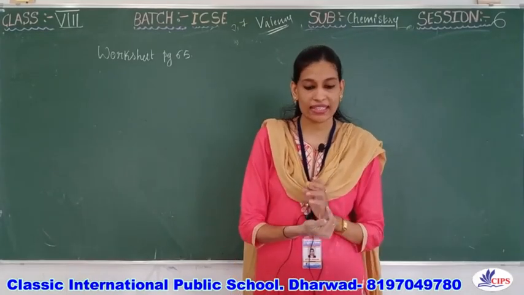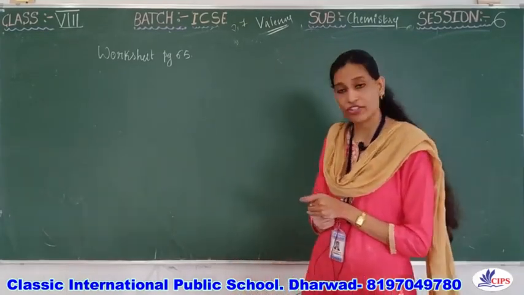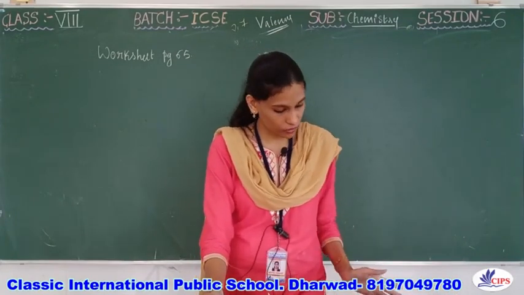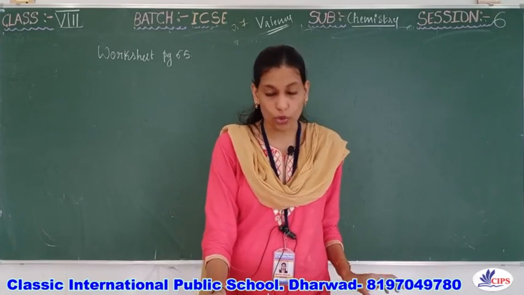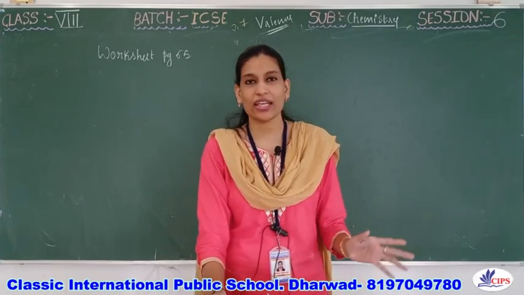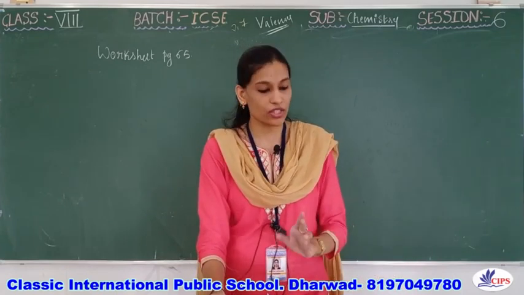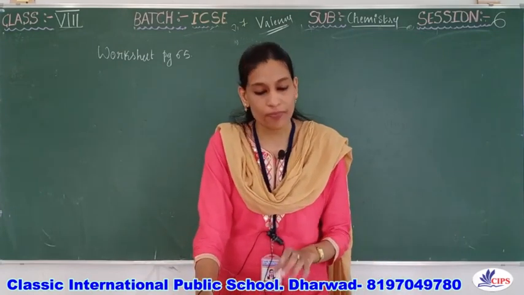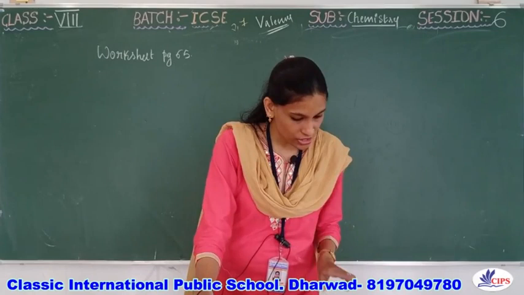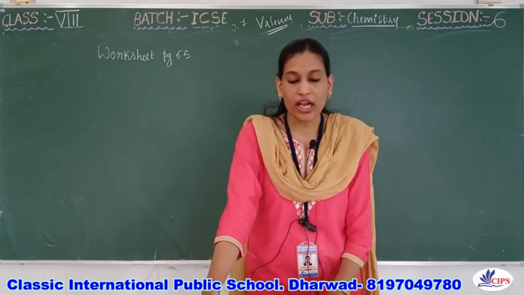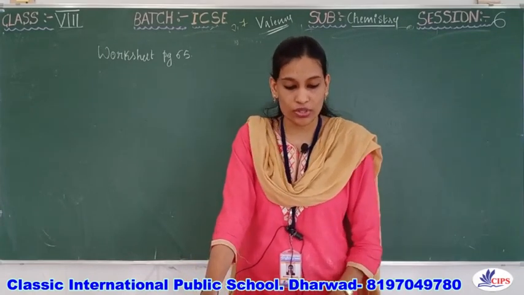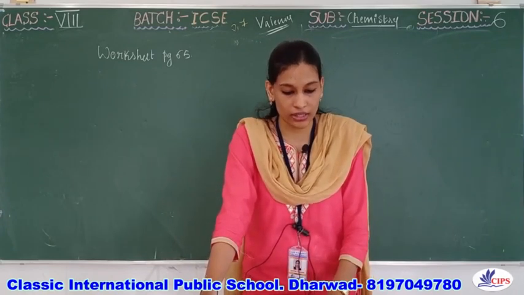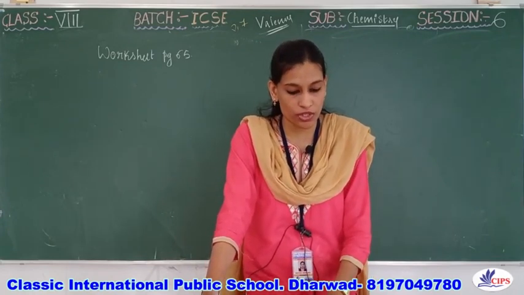Okay students, now let us discuss the worksheet on page number 65. I hope you all have done the worksheet on page number 62. It is very easy, and I will cross check the answers. On page 62: John Dalton was the first scientist to use symbols for atoms. Second is J.J. Thomson.